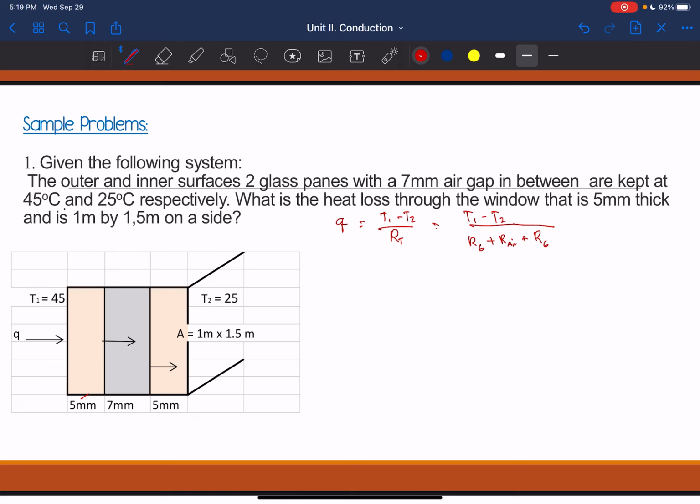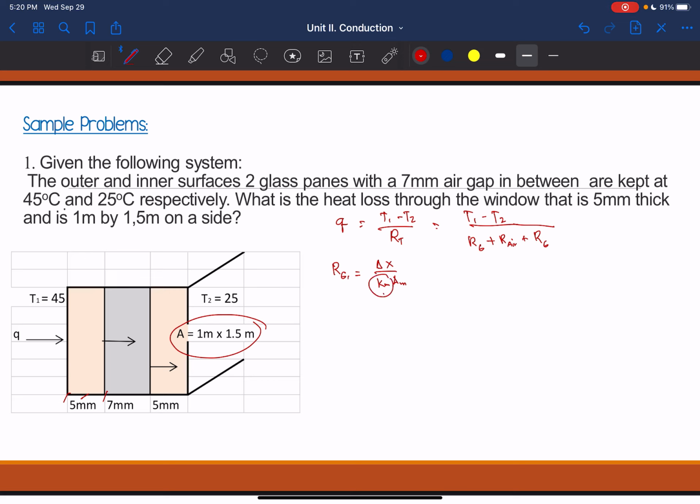Now, we need to get the resistance of the first glass pane. RG would be delta X over Km times mean area. There's no problem with the mean area, as it is already given as 1 meter by 1.5 meters. The delta X, of course, for the first glass pane, RG1, you have 5 millimeters.